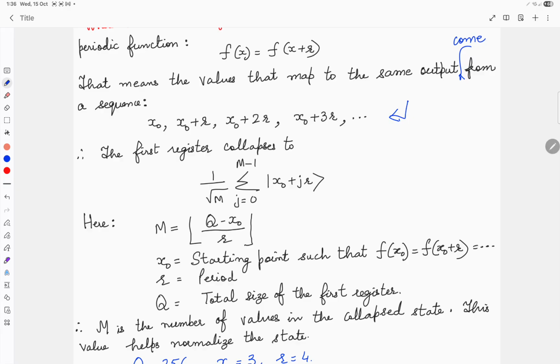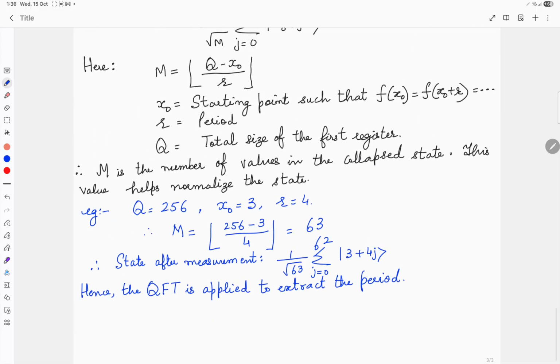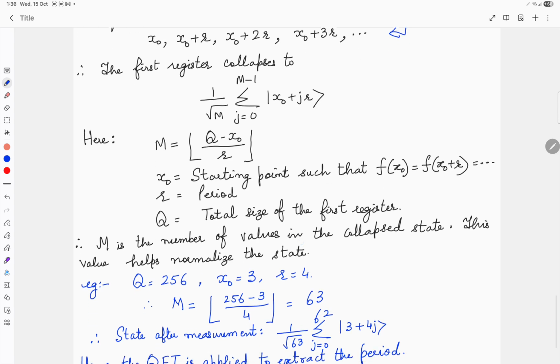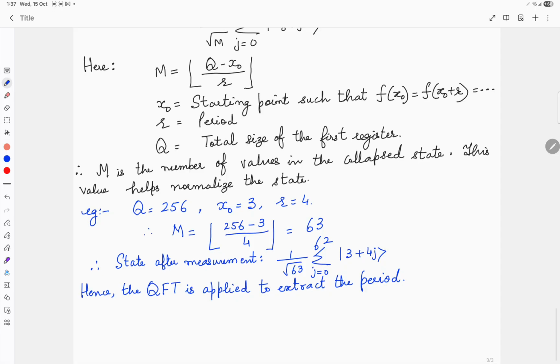So this step, hence the QFT, is applied to extract the period. After the first register is collapsed to this state, you apply the QFT, which converts the spacing in x. The spacing in x means r is the spacing in x.